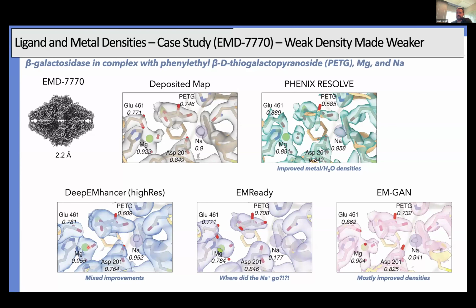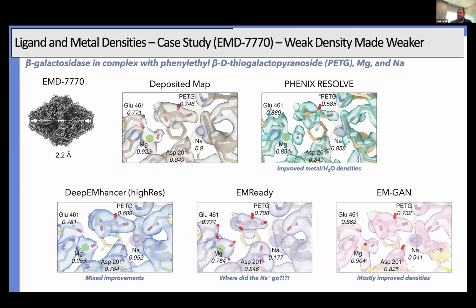In DP enhancer, you see that the magnesium and its water coordination is now blurred to where you don't resolve individual waters, but instead you see kind of this tetrahedral, octahedral style density. And then the sodium is still retained.